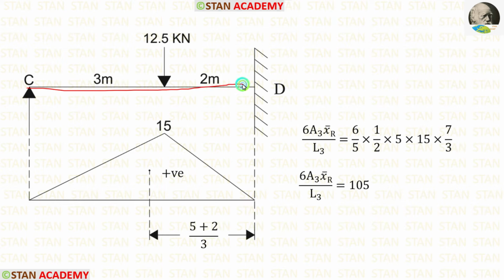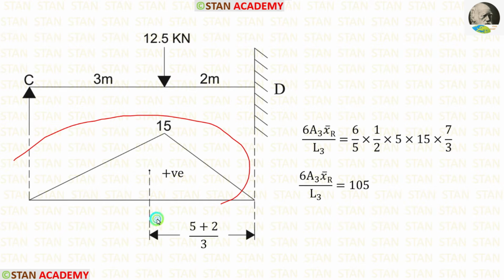In the span CD, we have to calculate 6A3 x bar right upon L3. Length of CD is 5 meter. Let us apply that. The area formula for this triangle is half into breadth into height. Using that, let us make the area. Then we have to find x bar right.